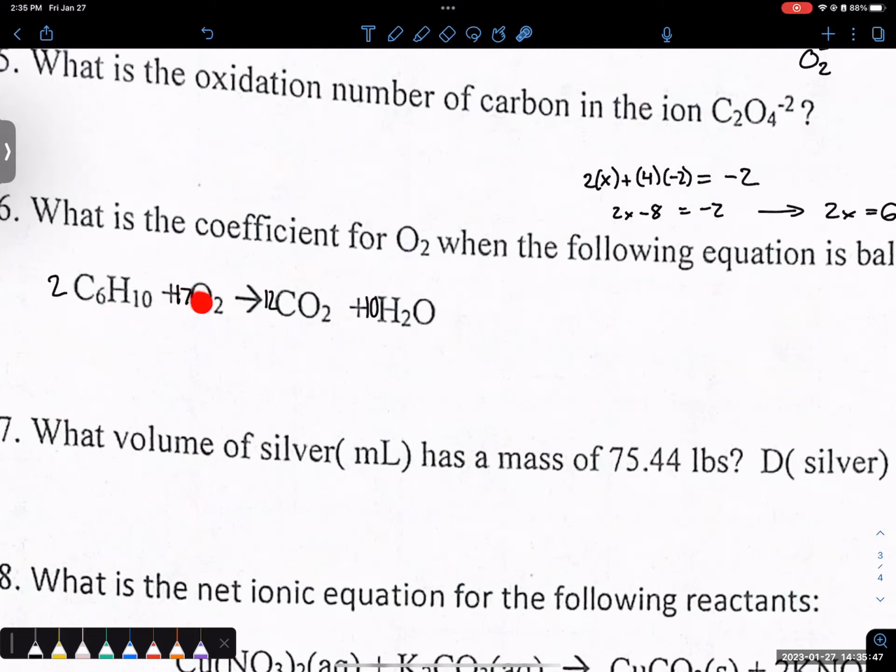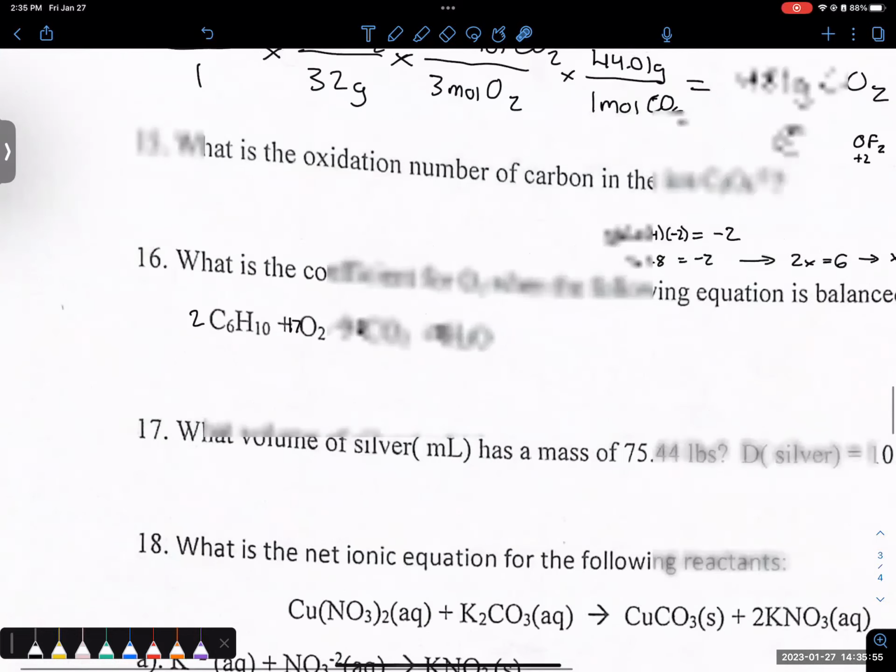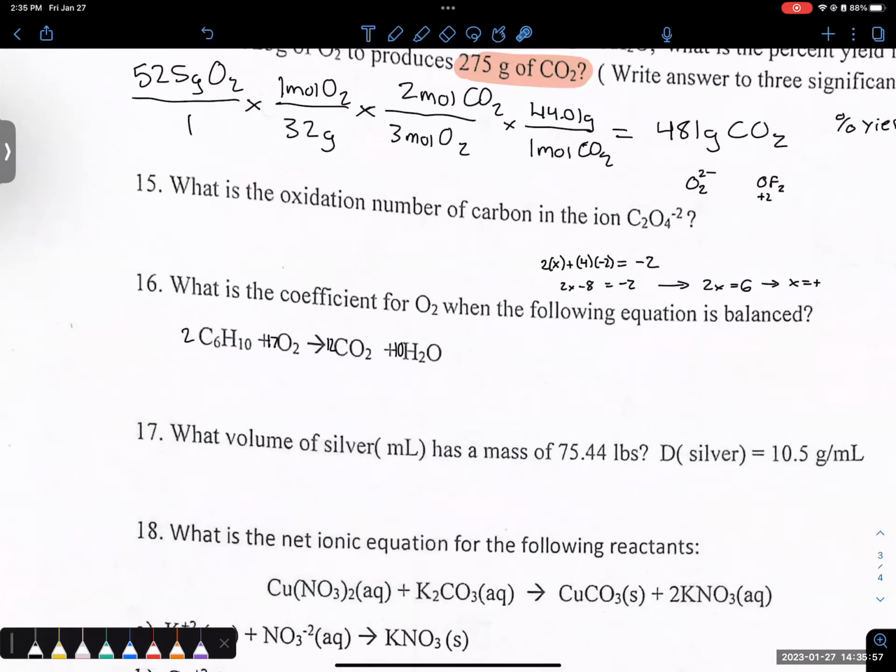And the last thing I do is the oxygen by itself, because that's the easiest one to balance. Okay, any questions on how I balance that? No questions. Any questions on Zoom? No questions. Okay.